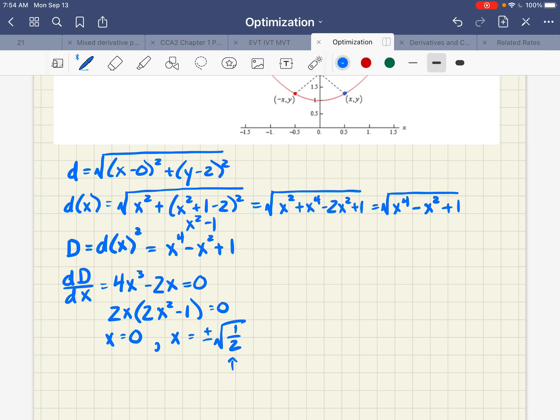So when x is between 0 and the square root of 1/2, then 2x is positive and 2x squared minus 1 is going to be negative. So the derivative is negative, meaning the function is decreasing.